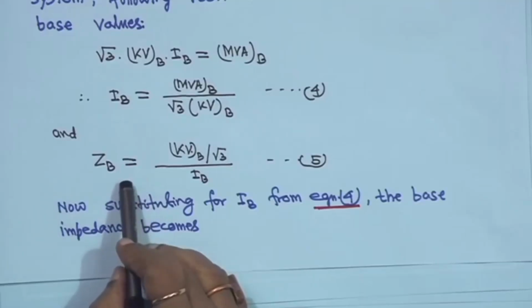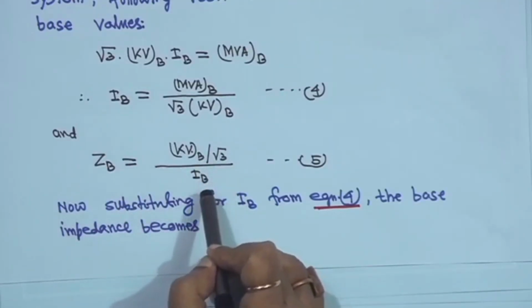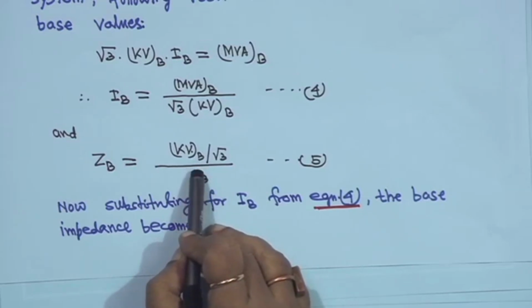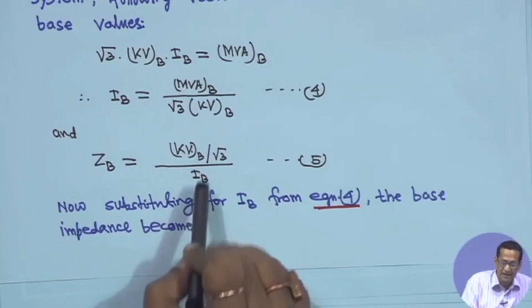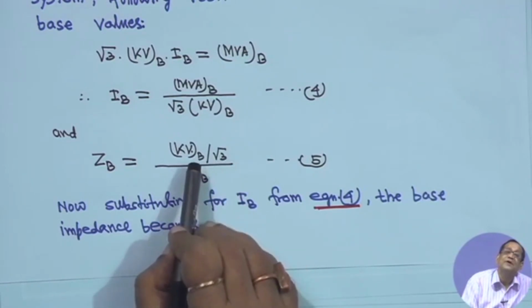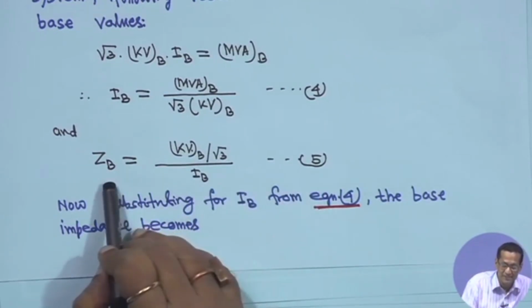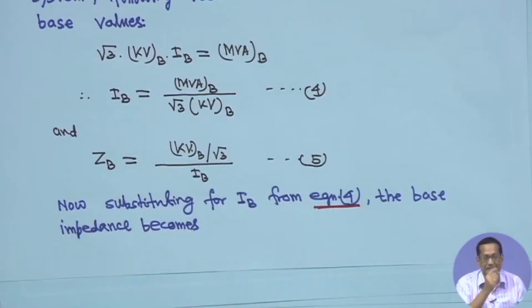And Z_B is equal to kV base upon root 3 into I_B, because kV base is equal to line voltage, right. That means, this kV base you divide by root 3. So, it will be phase base voltage divided by I_B. This is equation 5, this is the base impedance, right.